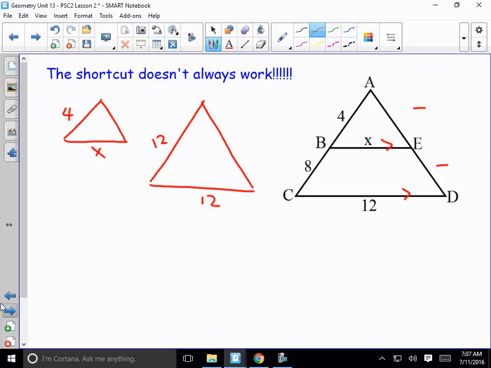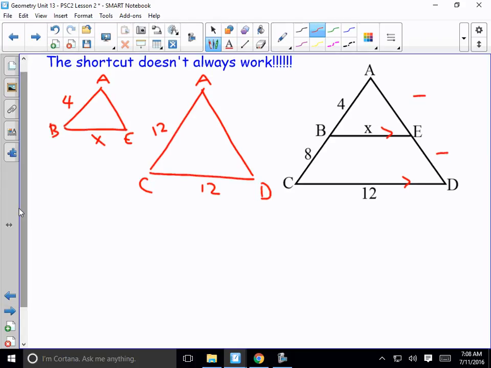Okay, so in this situation, I pulled the two triangles apart. My first triangle, ABE, has 4 for the left side, X for the bottom. And the large triangle, which we know is similar based on angle-angle similarity, ACD, I added the 4 and the 8 together to get a full length of 12 over 12.